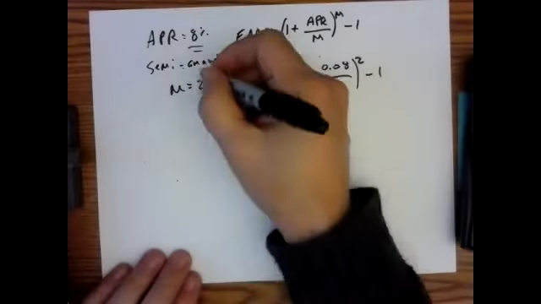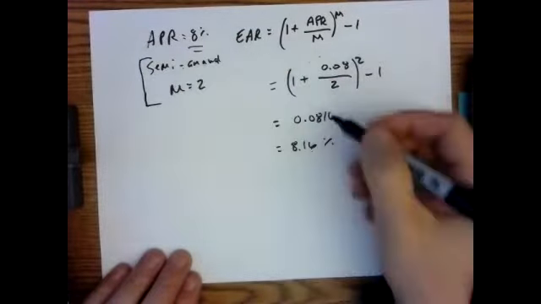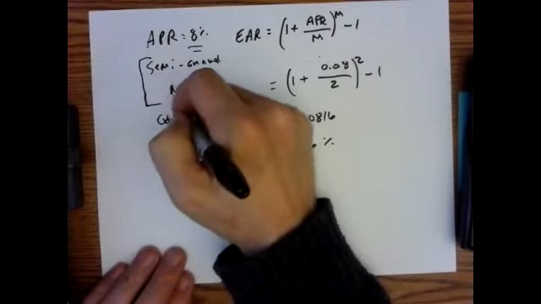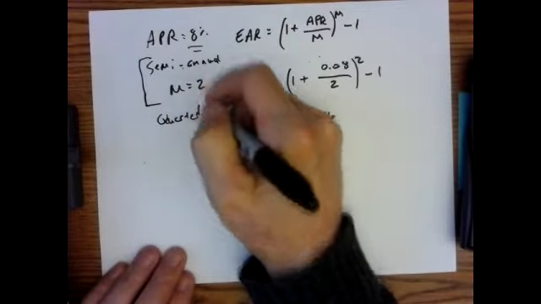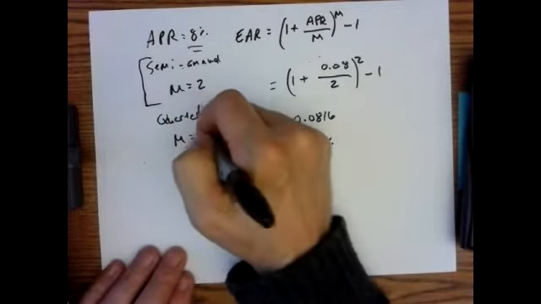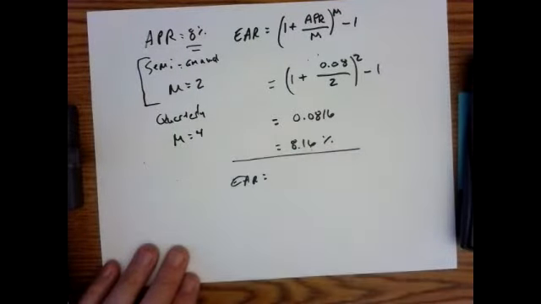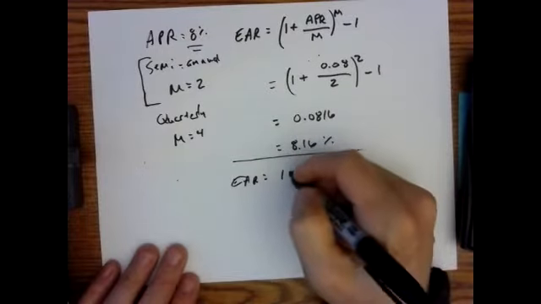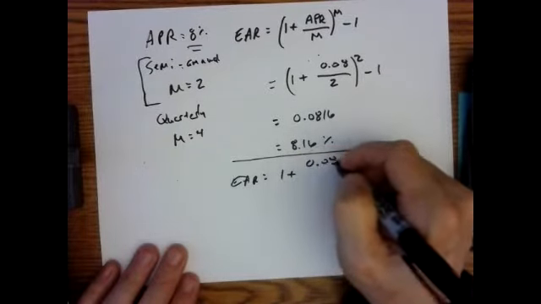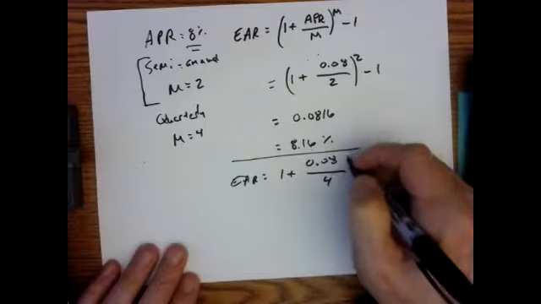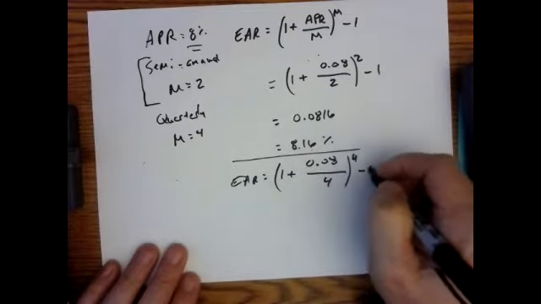Now, if we change this assumption from semi-annual to quarterly, then our M is going to equal 4. So our EAR equals 1 plus 0.08 divided by 4, to the 4th power, minus 1.